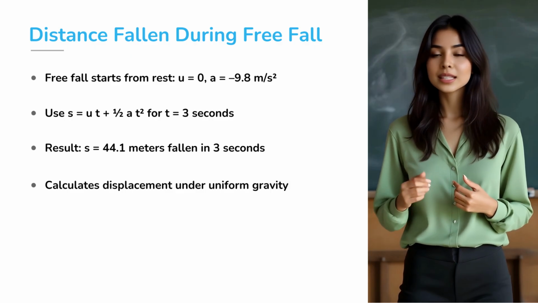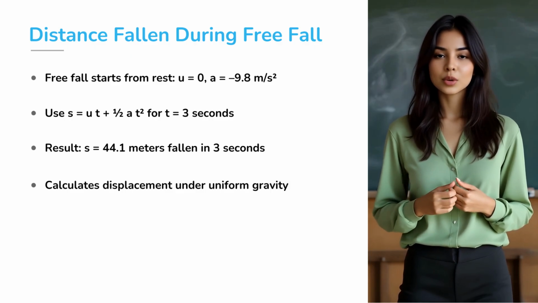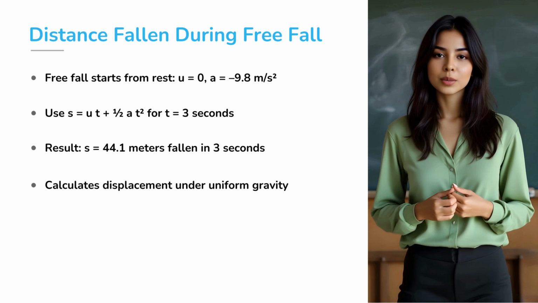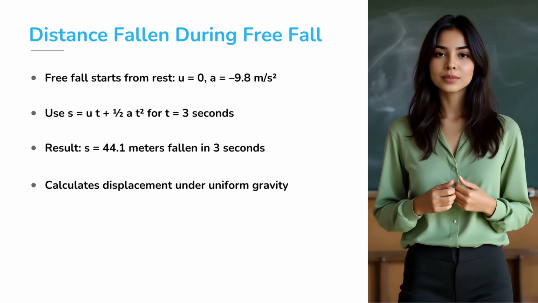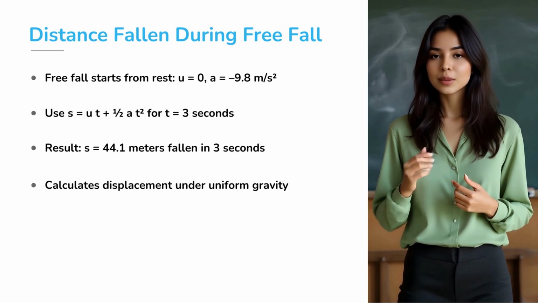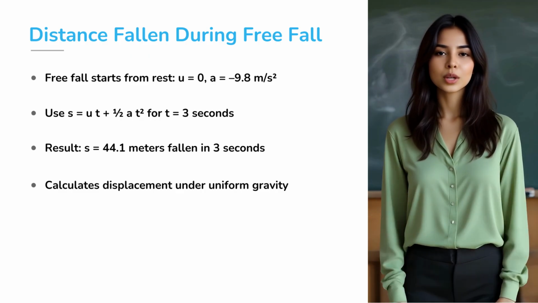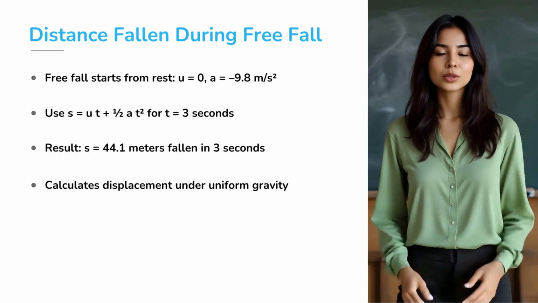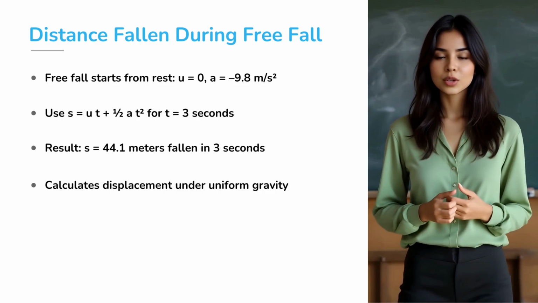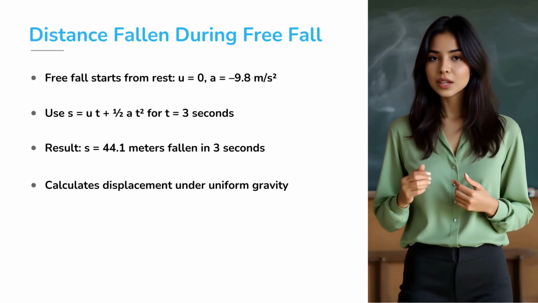That becomes s equals 0 plus 1/2 multiplied by 9.8 multiplied by 3 squared, which is 1/2 times 9.8 times 9. That gives s equals 44.1 meters. So in just 3 seconds of freefall, the object drops 44.1 meters under gravity.